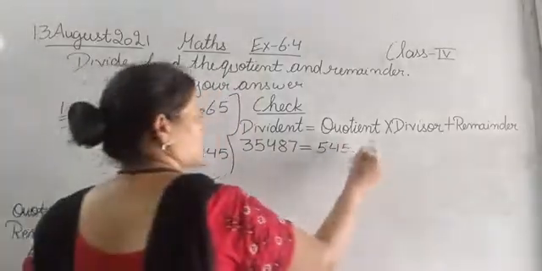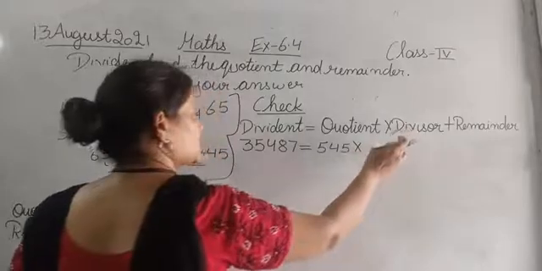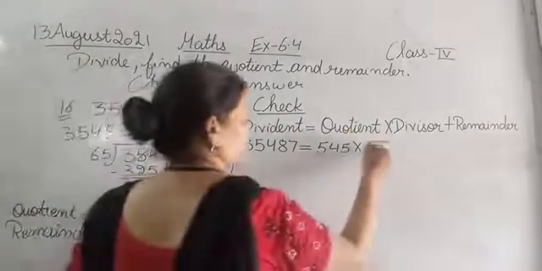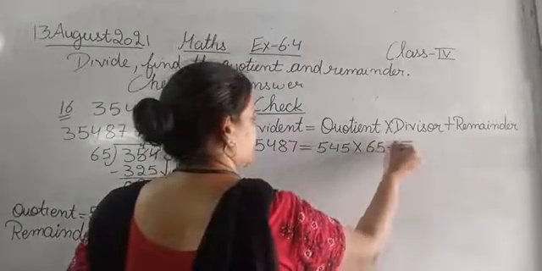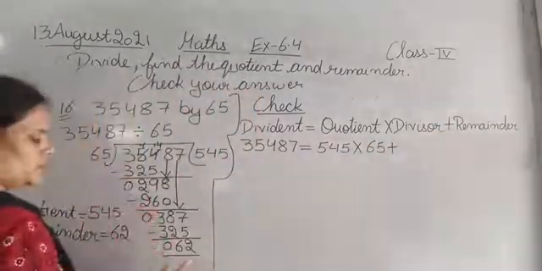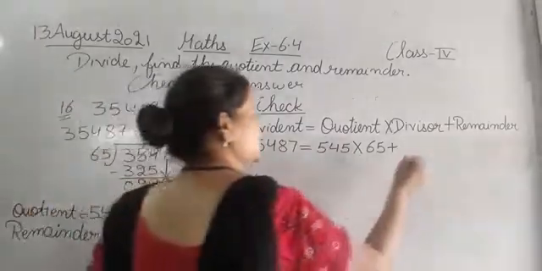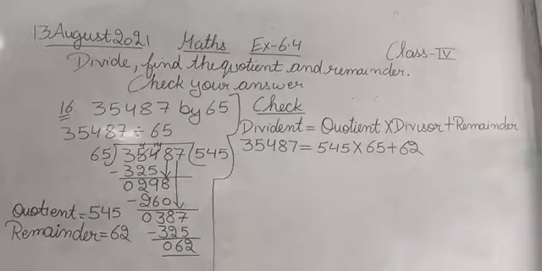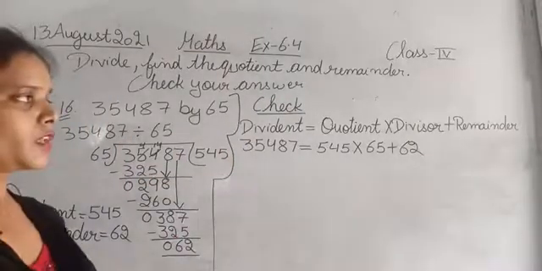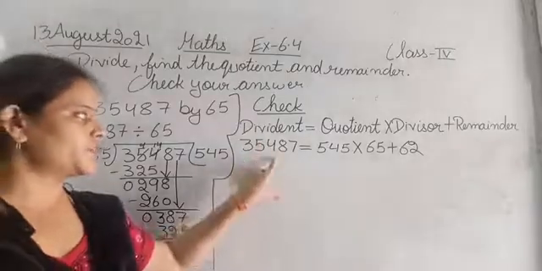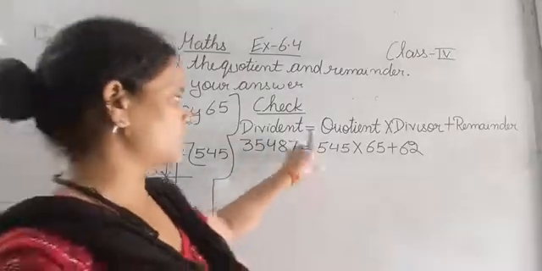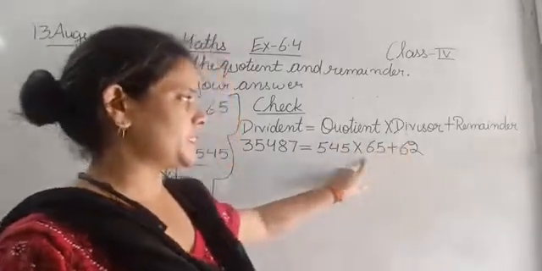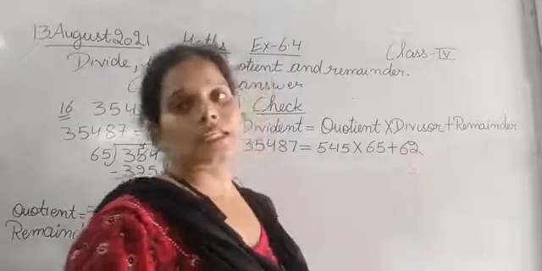Multiply will be this. What is the divisor? The divisor is 65 plus remainder. What is the remainder? That is 62. So now we have put the values of all the terms. 35,487 is equal to, quotient is 545, divisor is 65 and the remainder is 62.